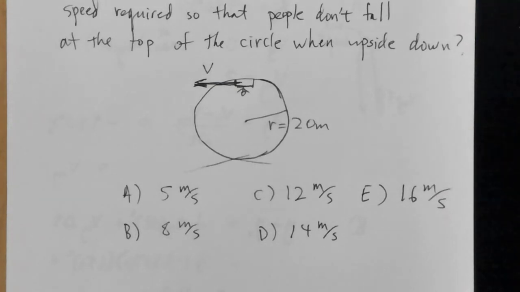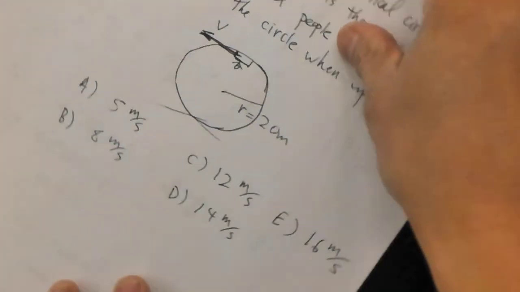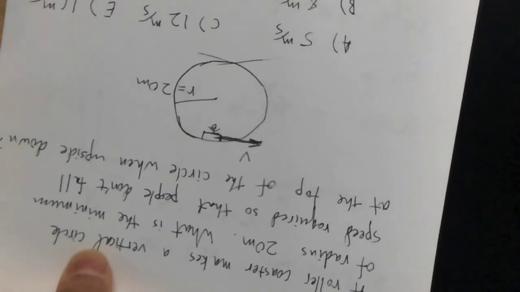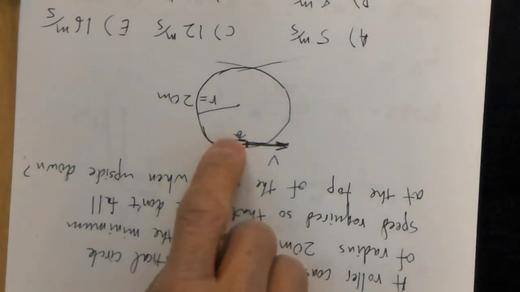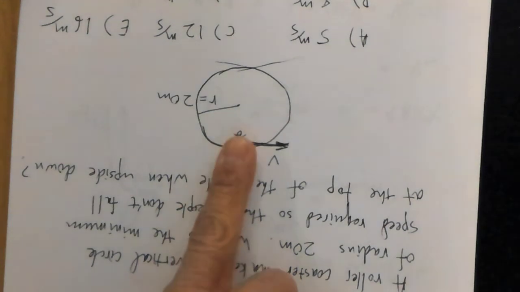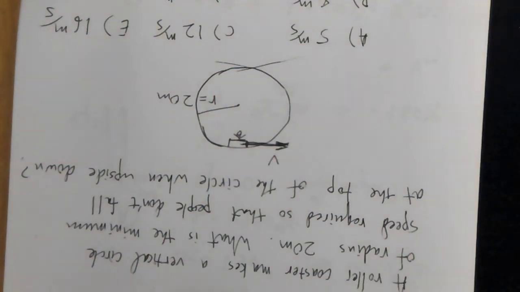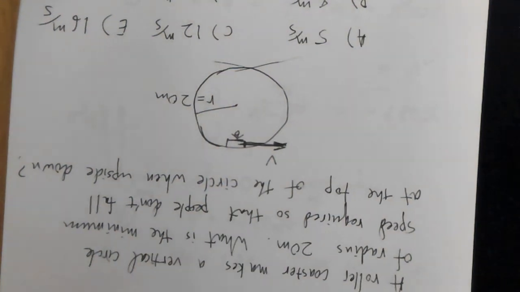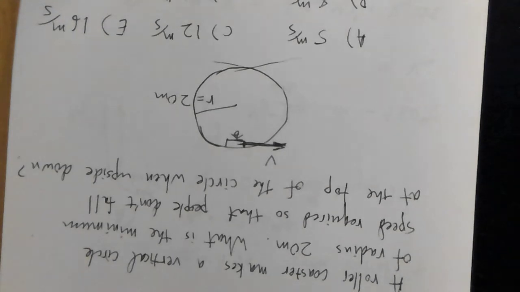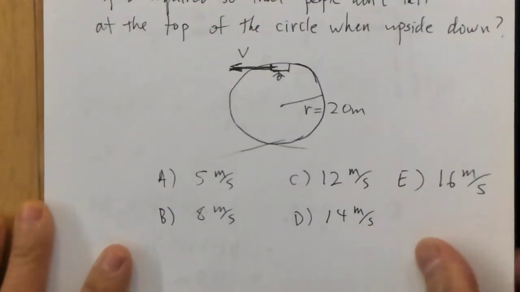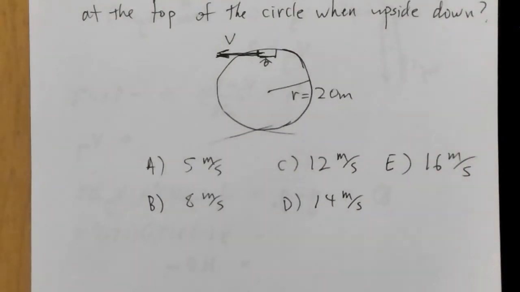It's a little hard maybe to think about, but let's view the person upside down, sitting on the seat. There's a normal force going in this direction, same as gravity. If the person is starting to fall, the normal force is going to be 0. So go ahead and make your choice, and then we'll go over it.